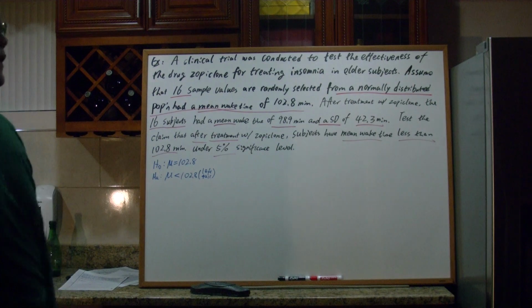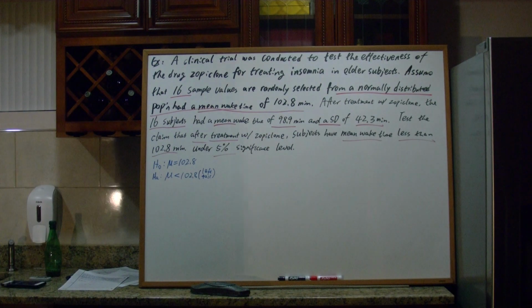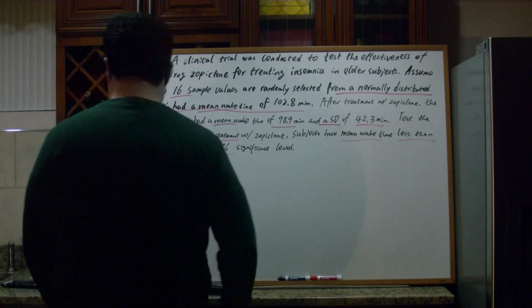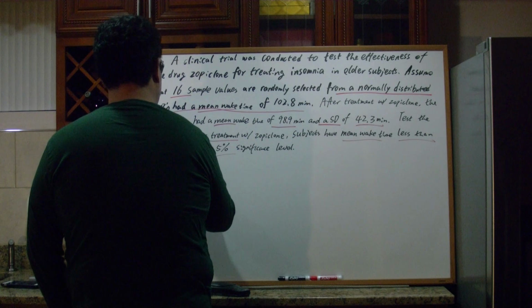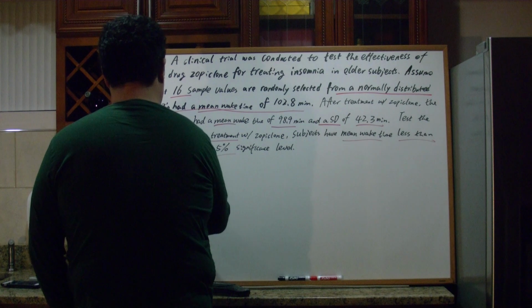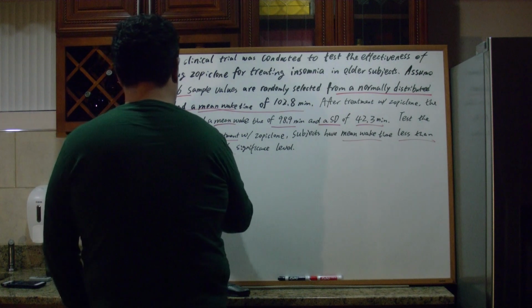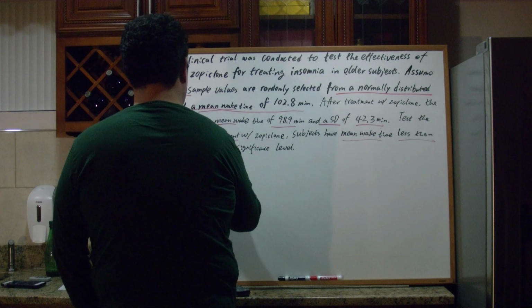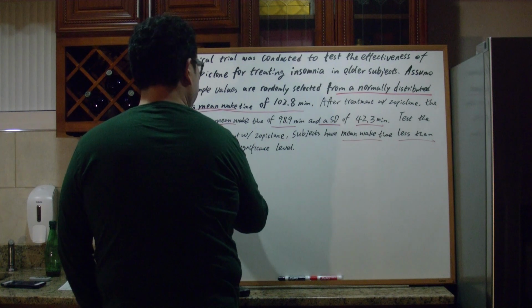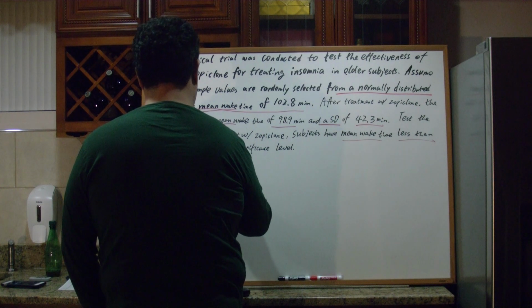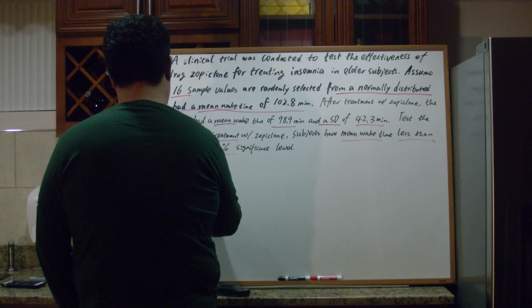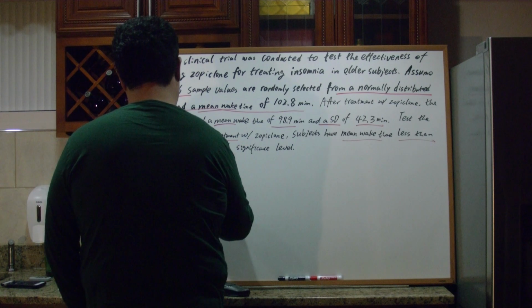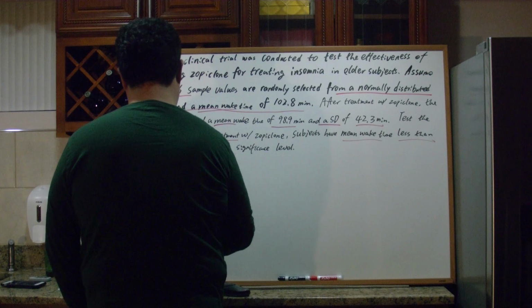What is also known is that the sample mean is smaller, with a sample standard deviation of 42.3, which is pretty large. The sample size is 16 and alpha is 5%.